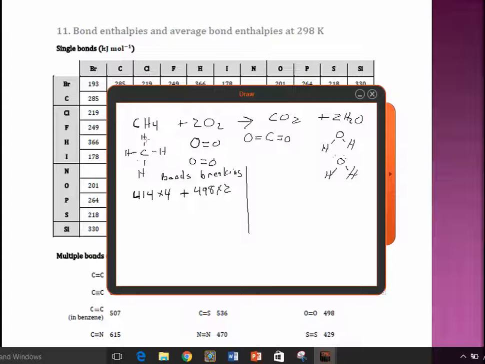So I'm breaking 4 of these. That's endothermic. I'm breaking 2 of these. That's endothermic. Now I'm forming these bonds. That's exothermic. If I look on the sheet here, I see 804, but since it's a bond formation, I have to write negative 804 times 2, because there are 2 carbon-oxygen double bonds there.